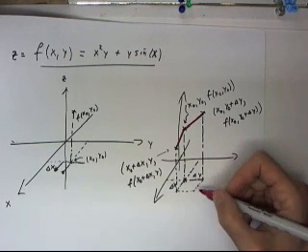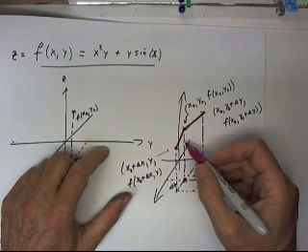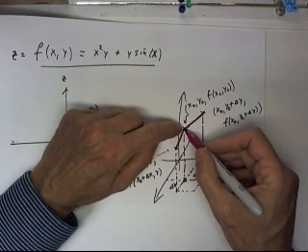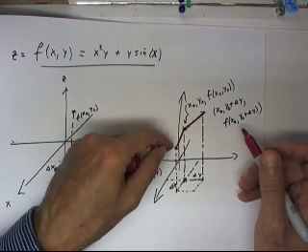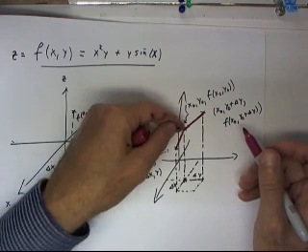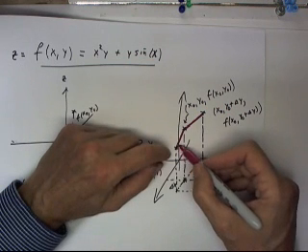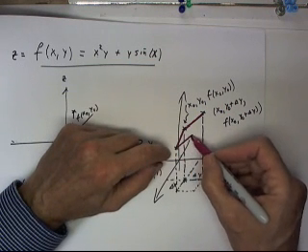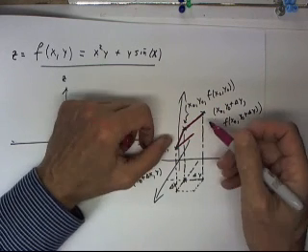We can conjecture that if delta x and delta y aren't too big, the rate of change of the graph as we move in the y direction isn't going to be too much different between here and here, so that we can draw a side that we assume to be approximately parallel to this side.